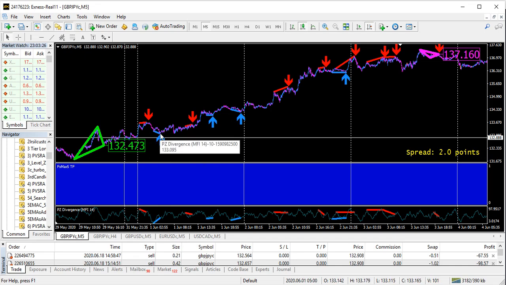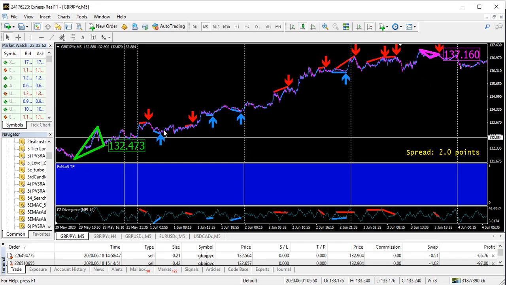You enter at this arrow. Okay, now provided this lime color is intact and the trend is still buy, the various divergence arrows are applicable. So you can enter a buy trade here, you can enter a buy trade here, you can enter a buy trade here, you can enter a buy trade here.